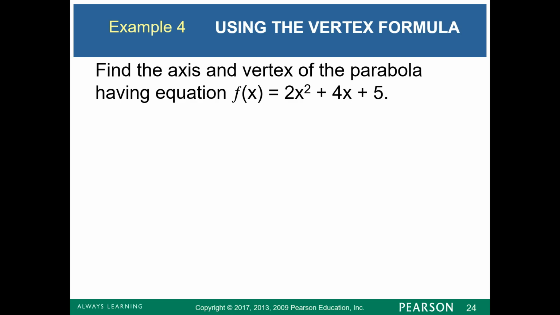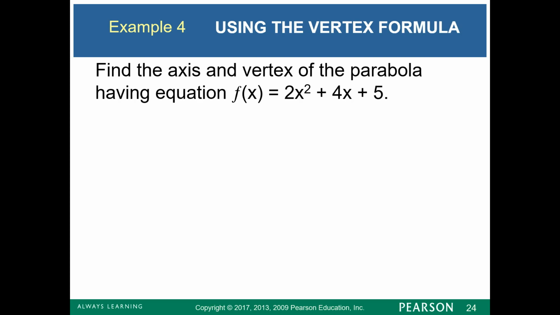If you want to find the vertex, you can use this formula: h equal to negative b over 2a and k equal to f of h. Now you compare this with f(x) equal to ax squared plus bx plus c. So what is the value of a?